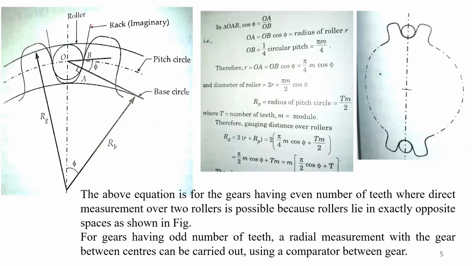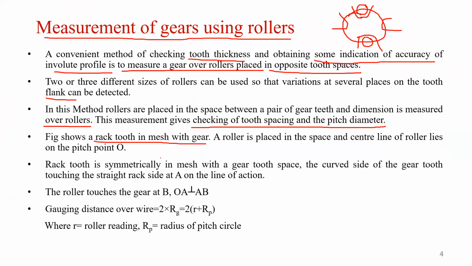This is the imaginary rack which is considered, and which is symmetrically in mesh in the space of the gear tooth, and then the roller is placed such that the center of the roller is lying on the pitch circle. So the rack tooth is symmetrically in mesh with the gear tooth space.